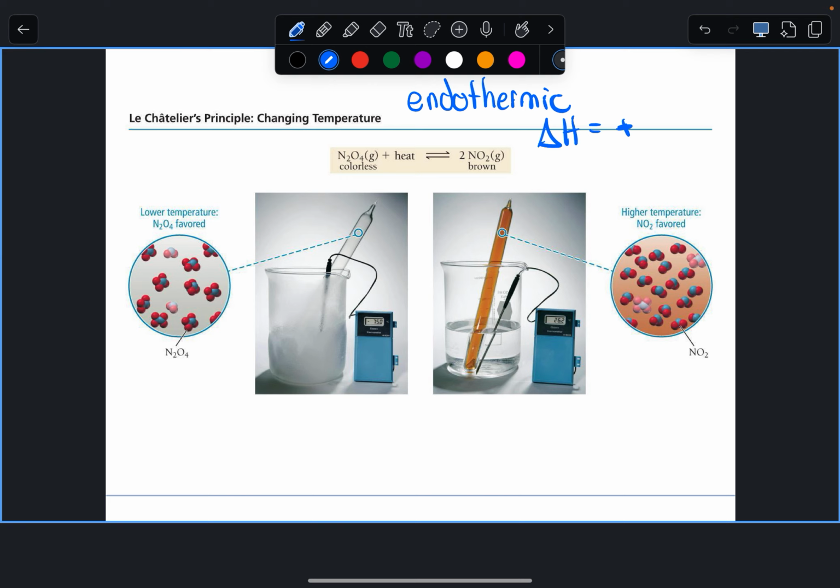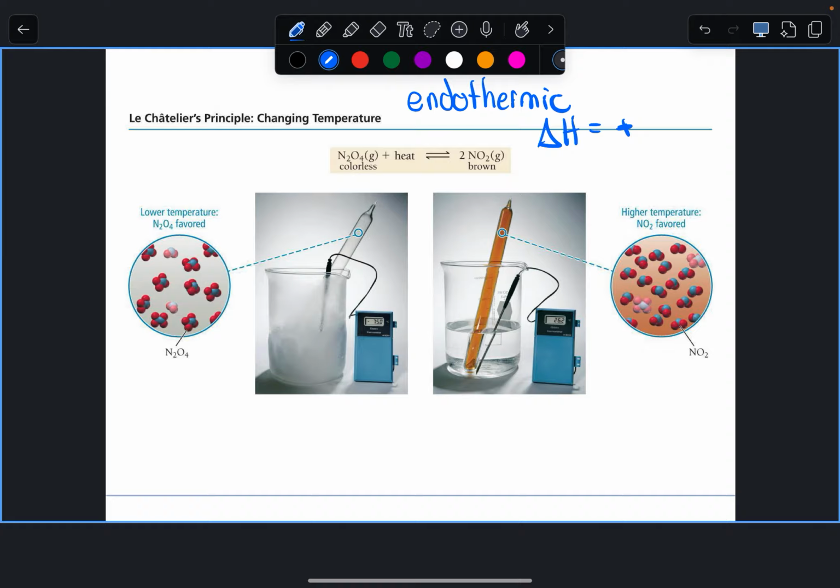So in an endothermic reaction, heat is required in order for the reaction to proceed. In an exothermic reaction, it's produced as part of the reaction, but in endothermic, it's required. What that means is that in an endothermic reaction, we can think of heat as being one of the reactants, because if it's required, just like matter, the N2O4 is required.